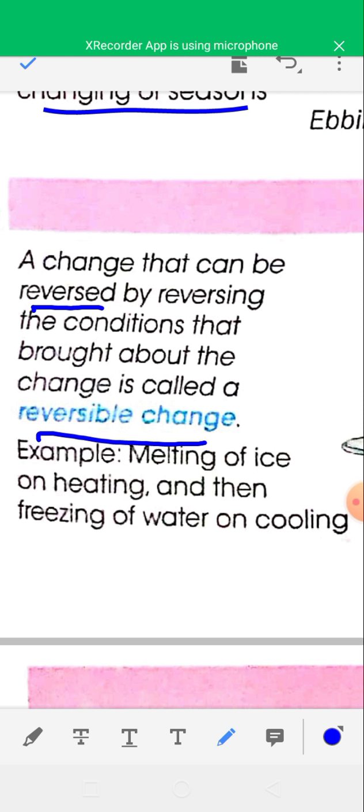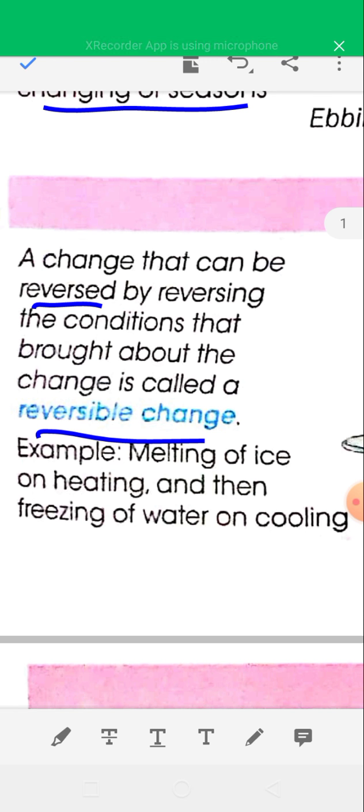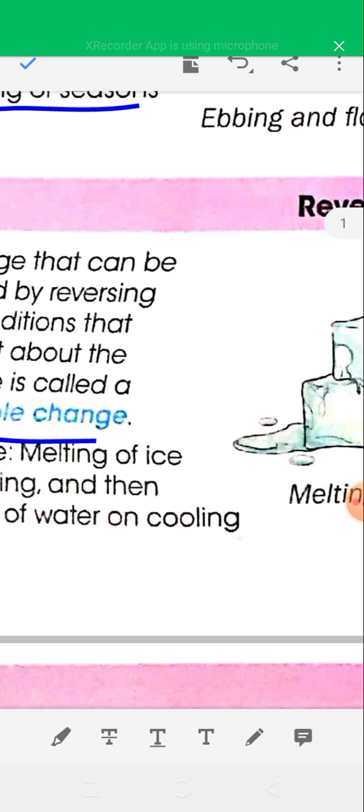For example, melting of ice on heating and then freezing of water on cooling, it again becomes ice. These are reversible changes.